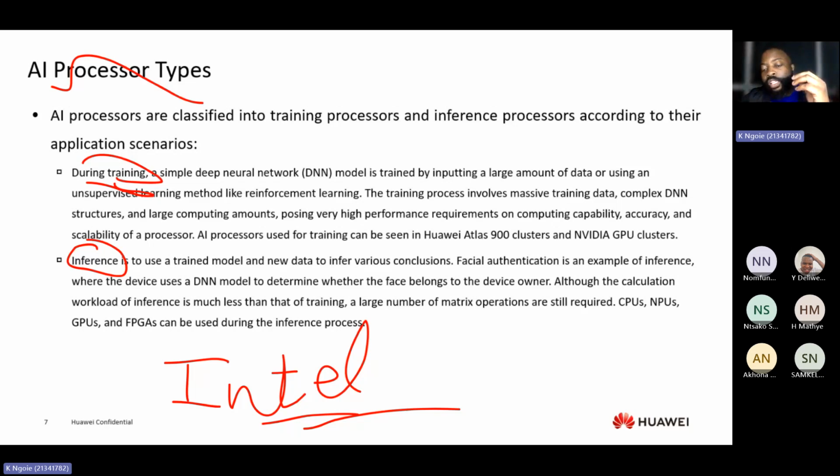Right, so the Intel processor is one of the processors, but it's not really a type of processor, it is just one of the CPUs, right? So the type of processor in this case is a CPU, the computing power unit. So when we talk about an Intel Core, it is just a chip which is part of a CPU, right?